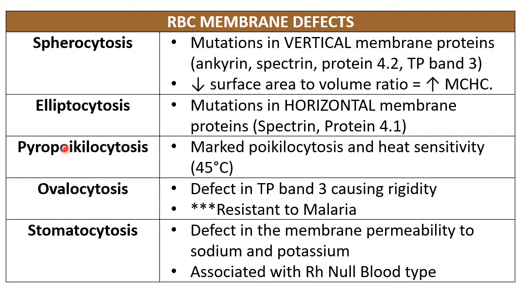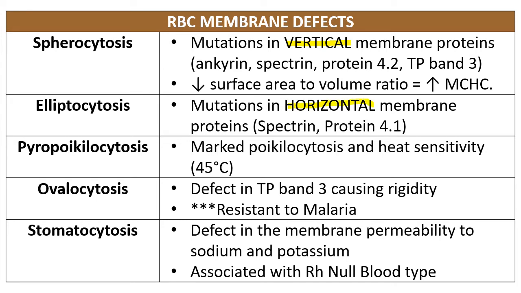So, another example of conditions under intrinsic RBC defects are the problems of RBC membrane. So, remember the difference between your vertical membrane proteins and horizontal membrane proteins. Balikan natin ha. Vertical membrane proteins are also called as integral proteins. And horizontal membrane proteins are your peripheral proteins.